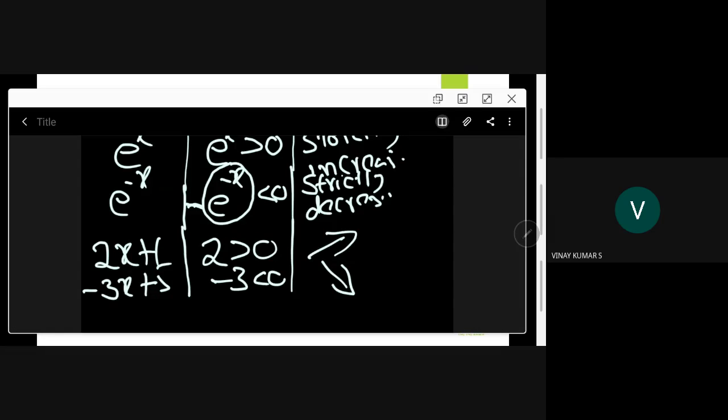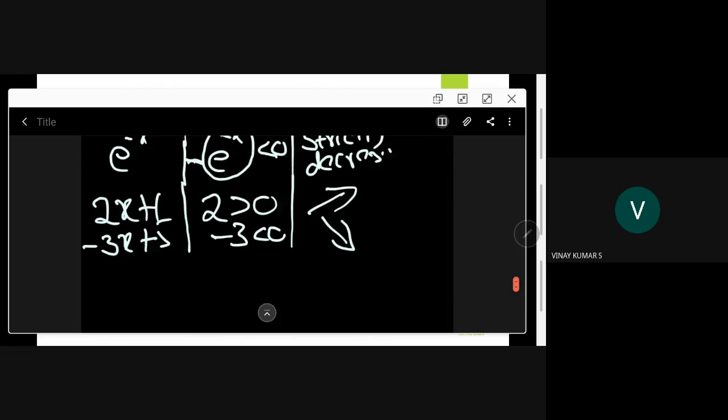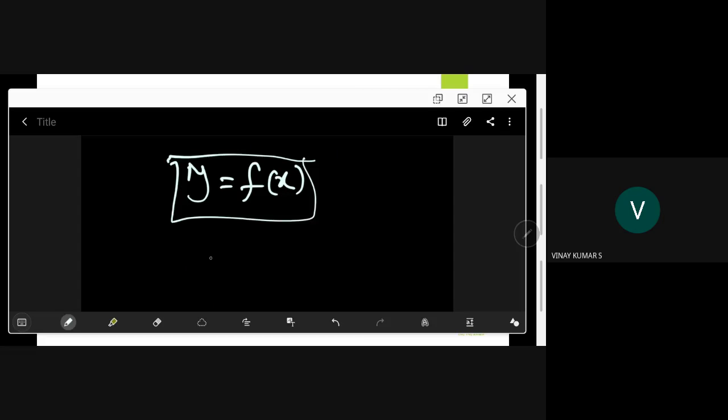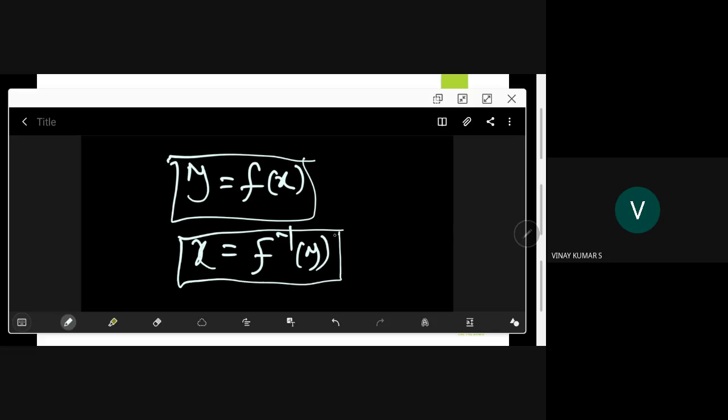What I mean by invertibility: if y is equal to f of x is invertible, then you can express x in terms of y also. If f of x is strictly increasing, then it is invertible. Similarly, if f of x is strictly decreasing, then it is invertible.